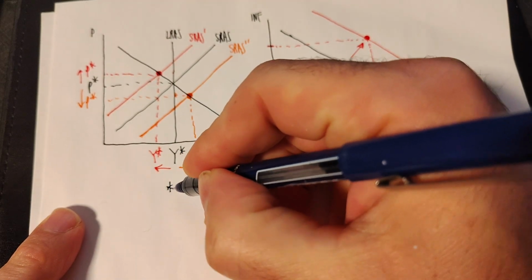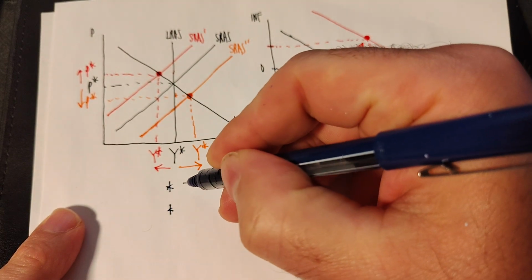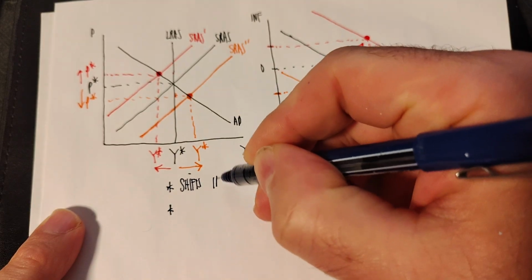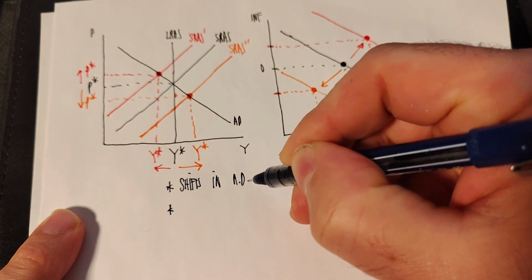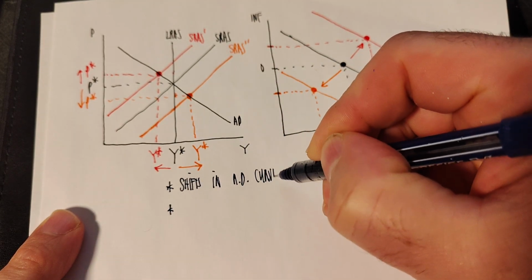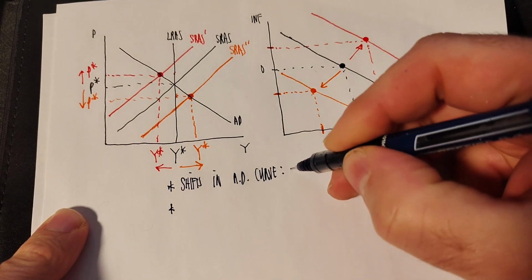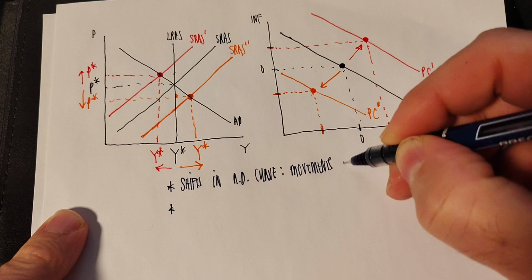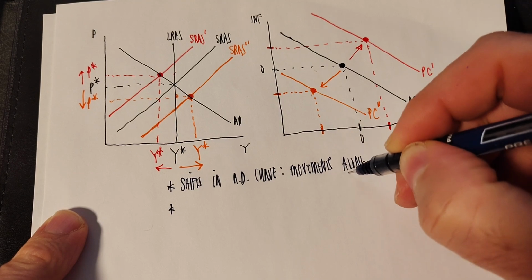It's twofold. Right? Again, shifts in the aggregate demand curve, that's movements along the Phillips curve.